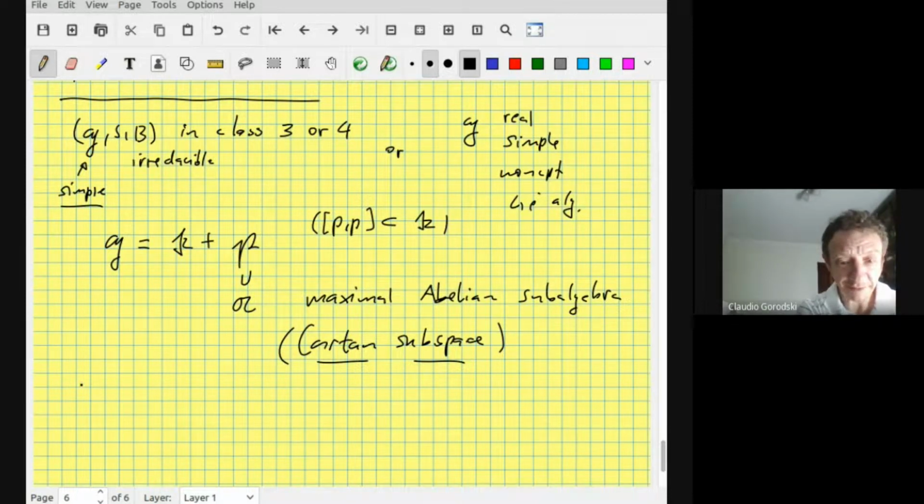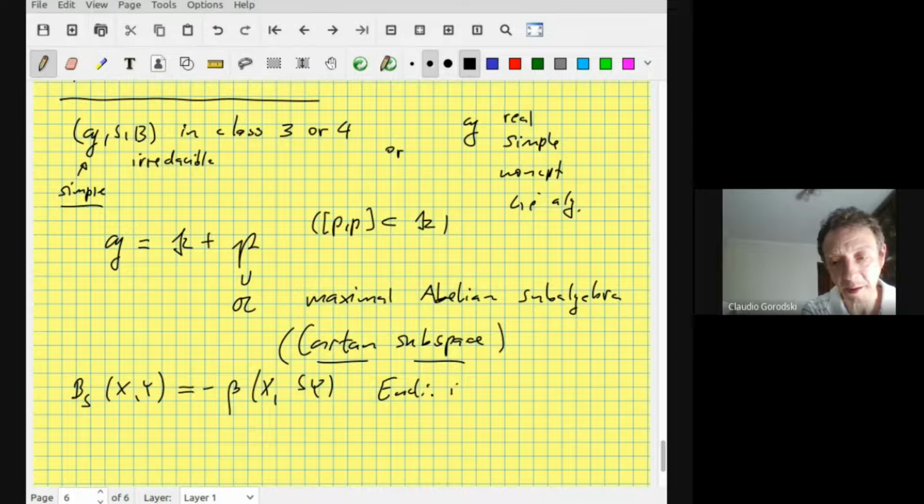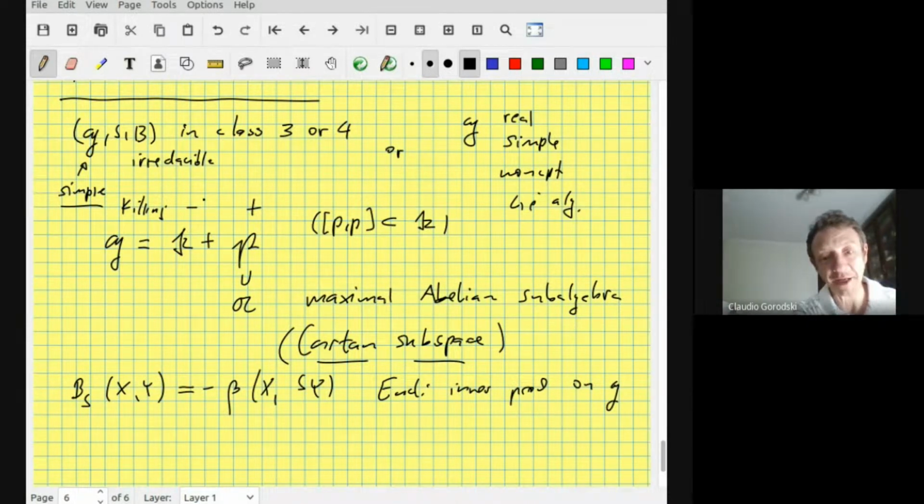So one way to do that, we define this Euclidean inner product on G. What we're doing is very simple. I mean, the Killing form is negative definite on K and positive definite on P. So we just change the sign here to make it positive definite everywhere.